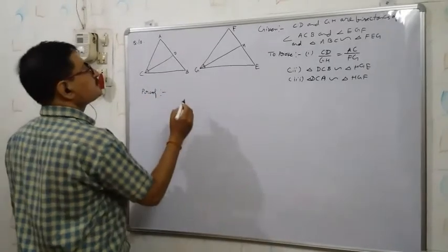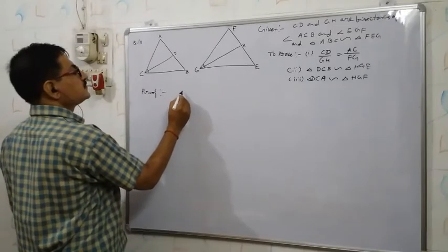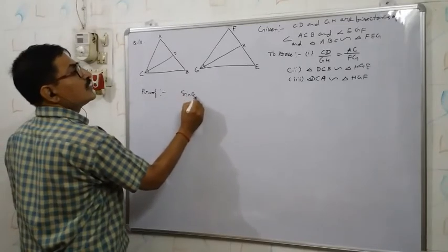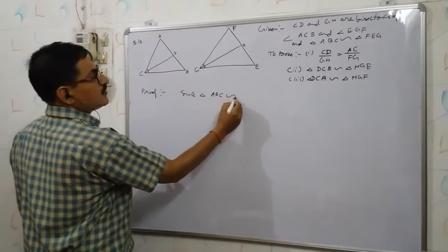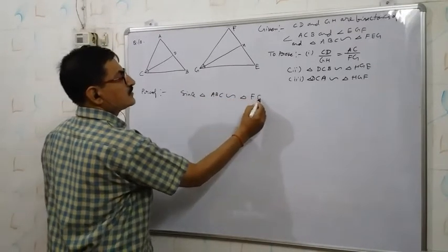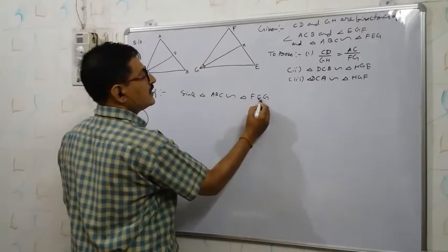We'll see that since triangle ABC is similar to triangle FEG, that is given.